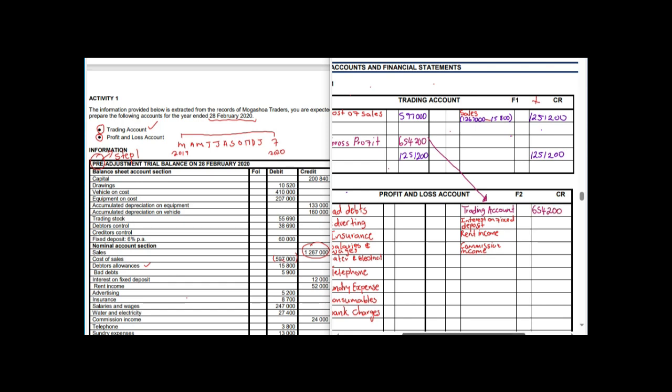And guys, we are done with our trading account.